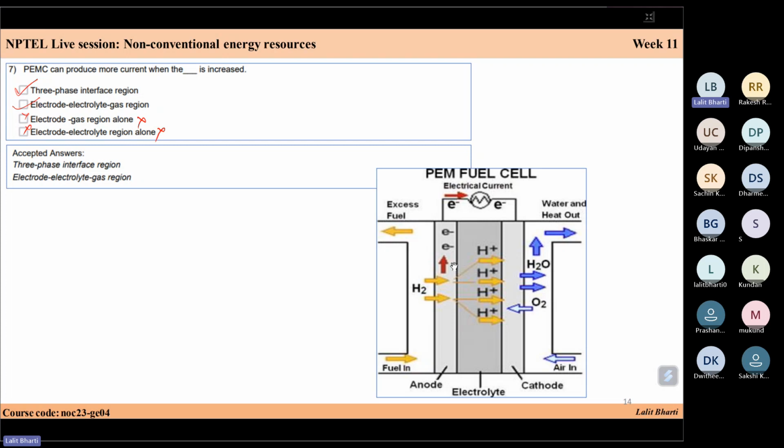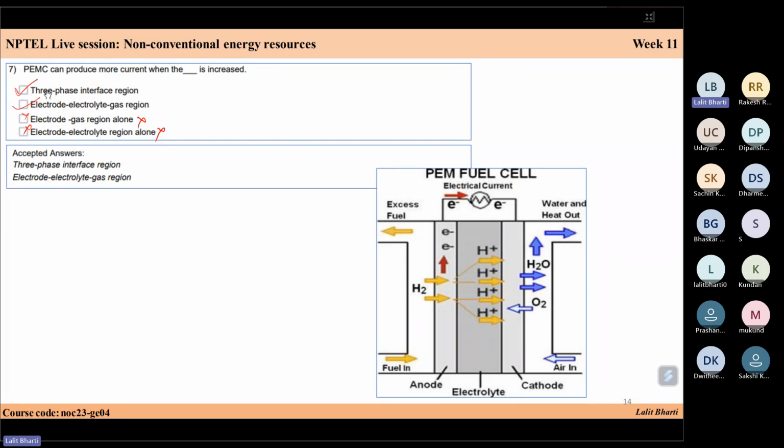But we need to improve both of them simultaneously, and we need to optimize them properly to complete the reaction. Because if you just increase, let's say, the anode and electrolyte region, and you are not increasing your gas region, then the reaction will be limited by the gas region or the gas electrode interface. And similarly, if you just increase your gas and electrode region, not increasing your electrolyte region, then it will be bottlenecked by the electrolyte region.